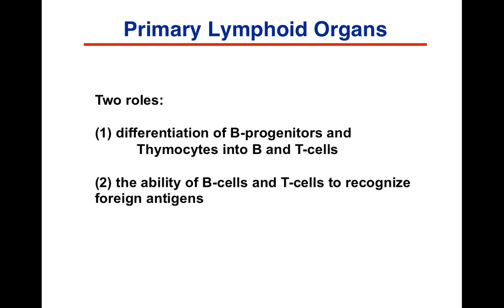They also serve to determine the ability of B cells and T cells to recognize foreign antigens. So they set the universe of what is potentially foreign, and that universe is defined primarily by those antigens that are referred to as self, and by eliminating the ability to recognize self antigens.